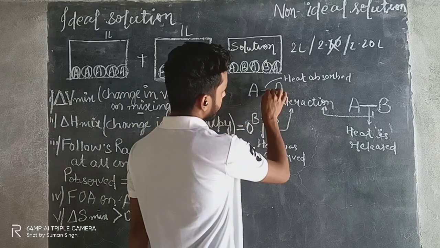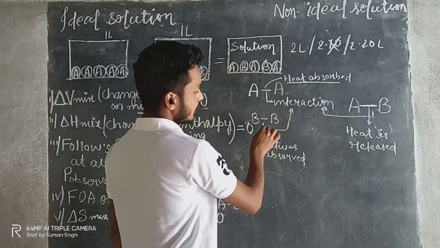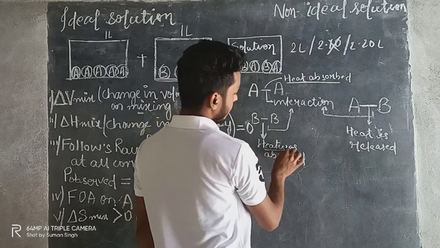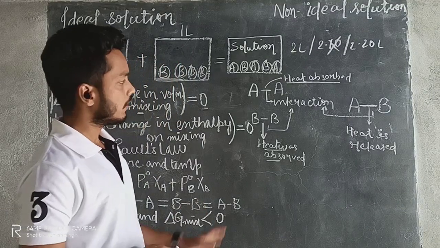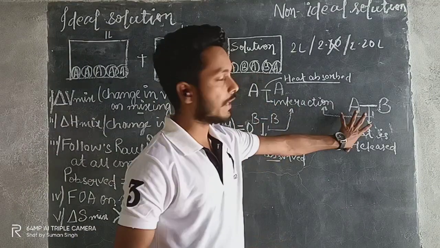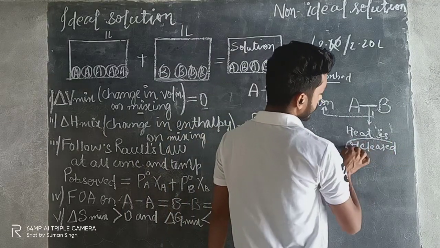As you can see, what I have told you. Suppose heat is absorbed when AA is formed and when BB is formed. At that time some heat has been absorbed. Now when these break and form AB interactions, heat will be released, right?